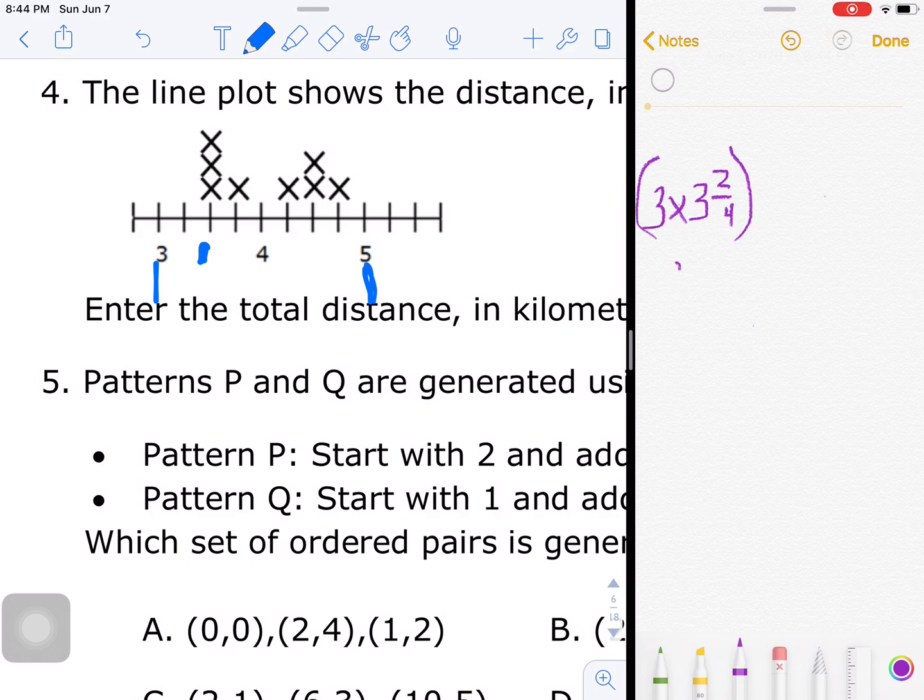And then I'm going to add it to 1 copy of 3 3/4. I might run out of room here and have to go on to the other line. I'm going to add it to 1 copy of 4 1/4. I have 2 copies of 4 2/4.